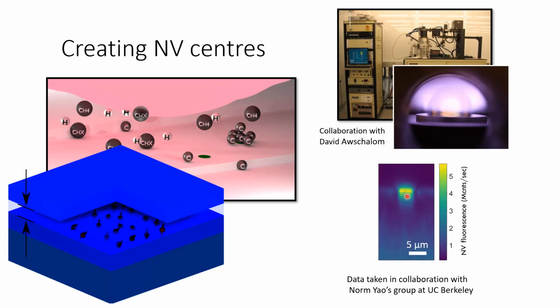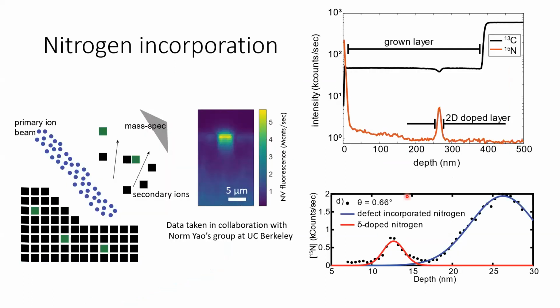But how we can verify this even further is by using a technique known as secondary ion mass spectrometry. How that works is you take a primary beam of ions, in this case cesium, and you bombard your diamond with this ion beam, which causes various other molecular constituents to fly off.